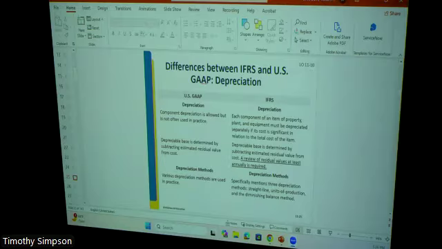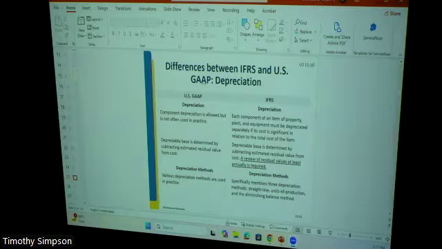In the international standards, each component must be depreciated separately unless its cost is not significant in relation to the total cost of the item. The question may arise as to what is significant. There are some tests which the IASB has laid out for that, which we're not really going to get into here, but we're just pointing out that there is that difference.